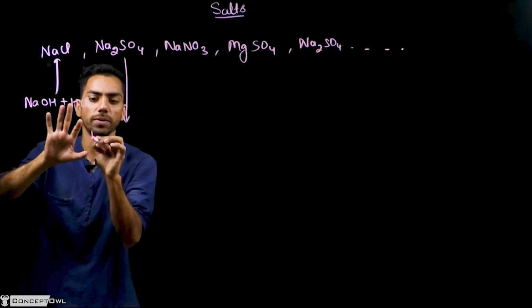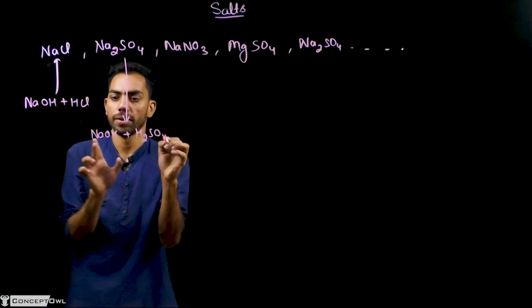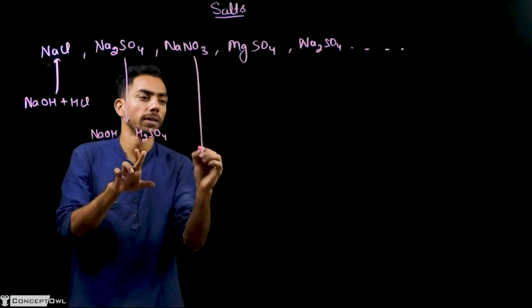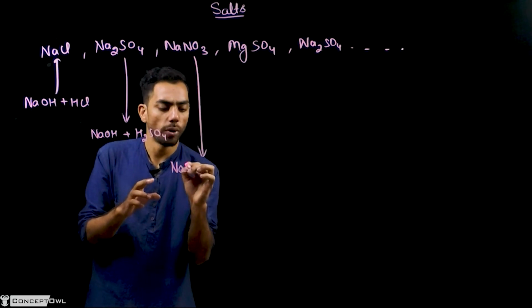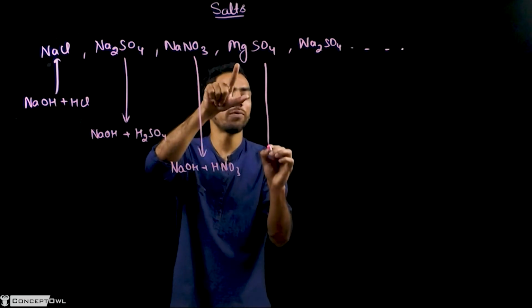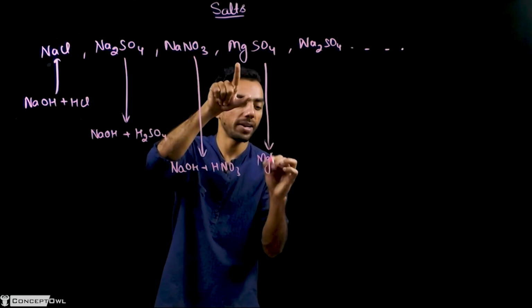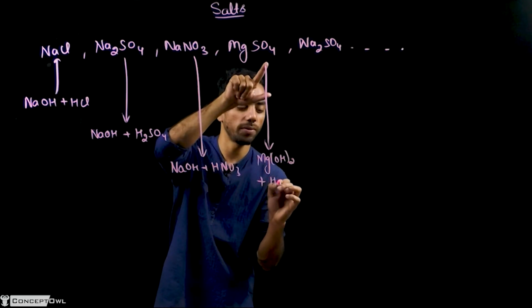Na2SO4 is coming from NaOH plus H2SO4. What is this? Base and acid. NaNO3 is coming from NaOH plus HNO3. MgSO4 is coming from magnesium hydroxide, again a base, plus H2SO4.